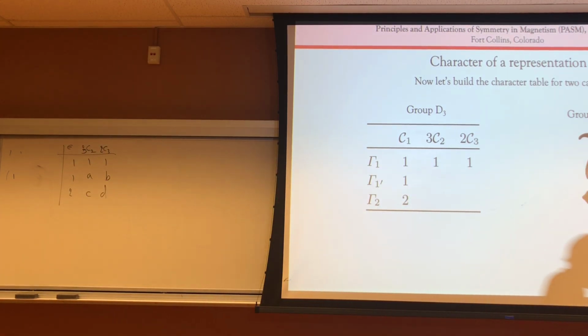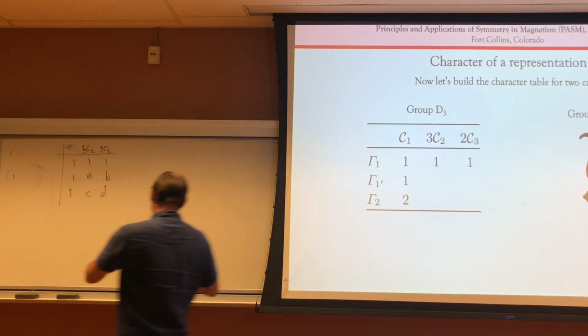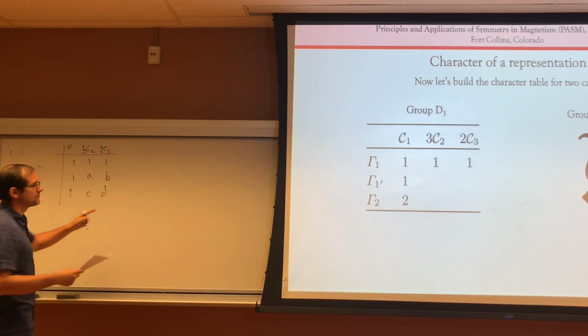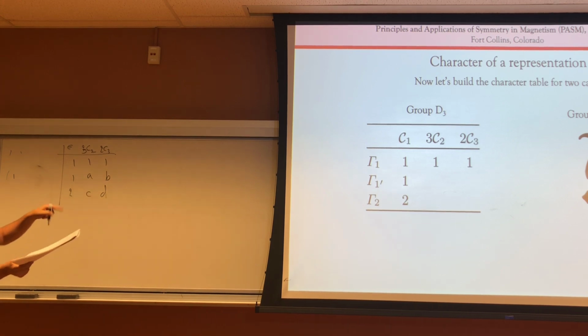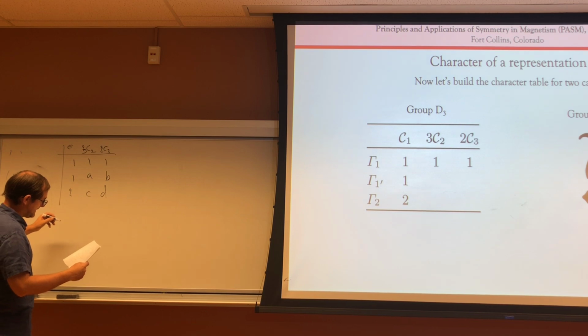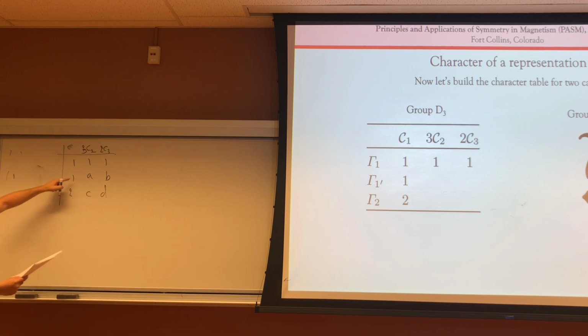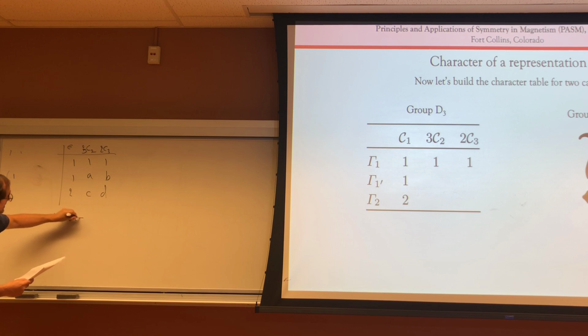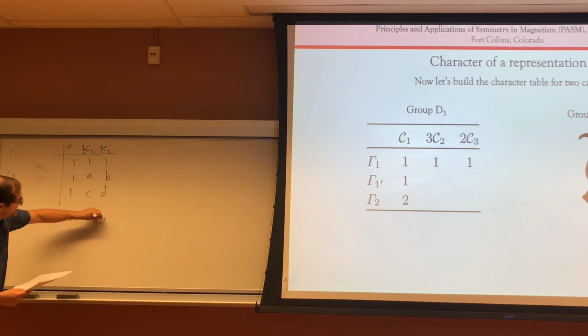And then you know that you will have some minuses somewhere. So you can apply your formulas. I will just do this one because we lost time, so I will not do the C3. I will just show you the results. The sum of the dimensionality of the class times the character should be 0. So you should have 1 plus 3A plus 2B, and this one should be 0.